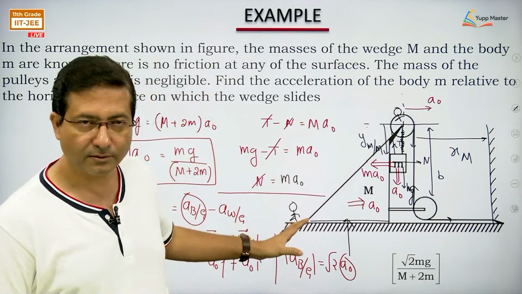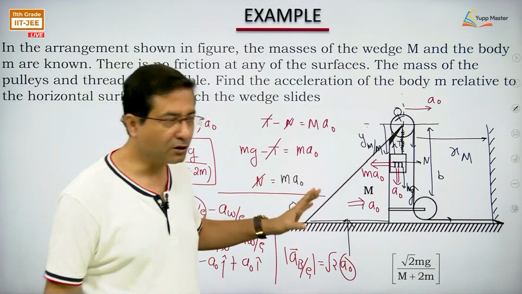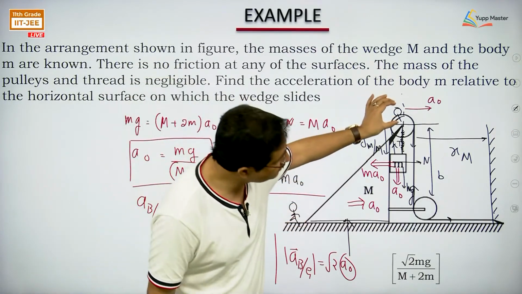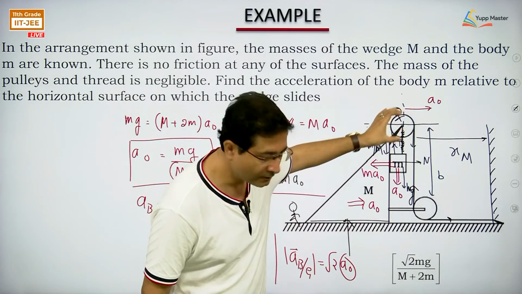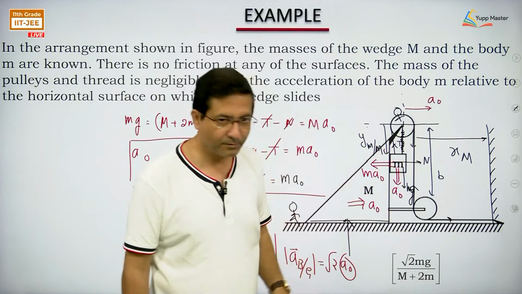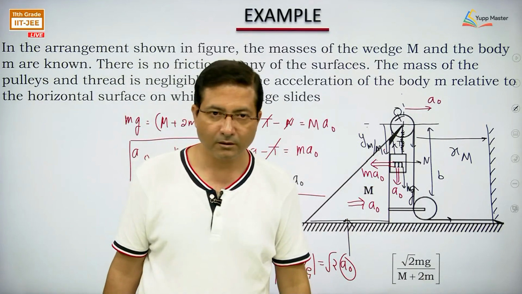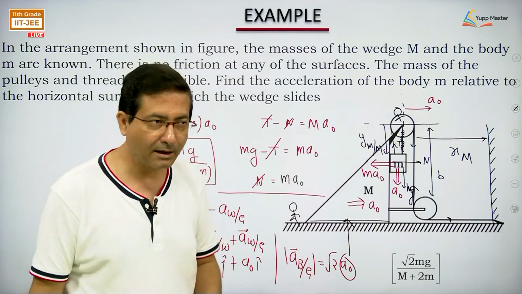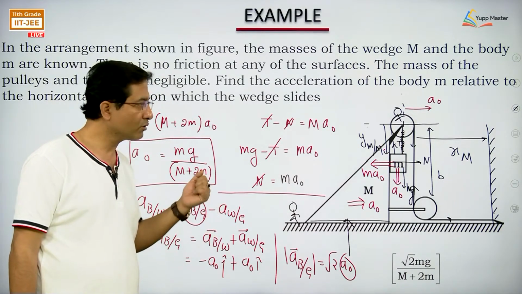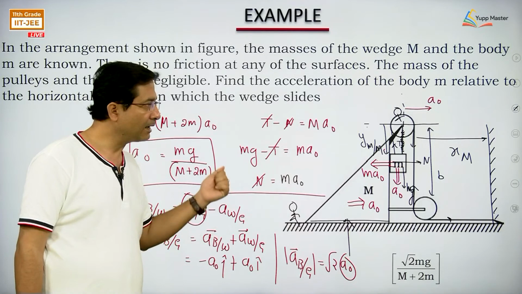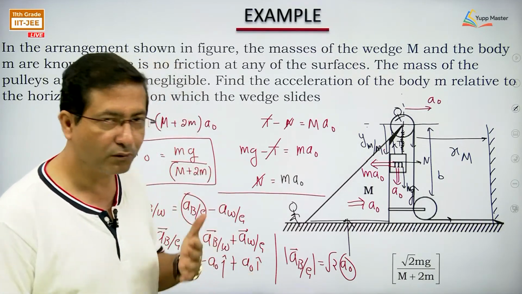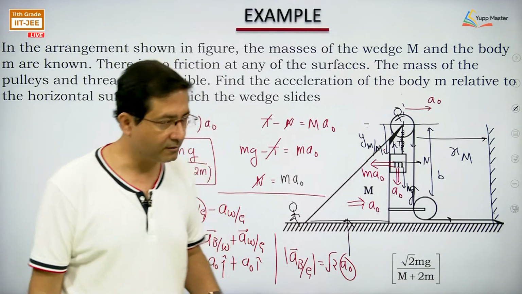Now for the block, instead of observing motion with respect to ground, I am observing with respect to this wedge, because I can see that with respect to this wedge it will come down. As I was able to easily analyze the motion of the block with respect to the wedge, I am observing the block with respect to the wedge after adding pseudo force, because the frame is non-inertial.